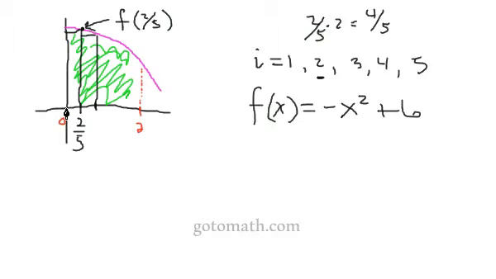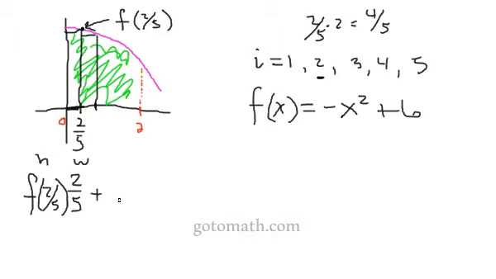So for example, this rectangle right here, to find the area, we're going to take the width, which is 2/5, and multiply it by the height, which is going to be f of 2/5. So as you can see, this is the width and this is the height, and height times width gives us the area of the rectangle.